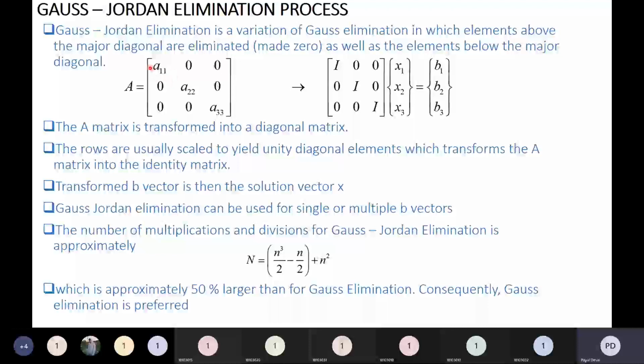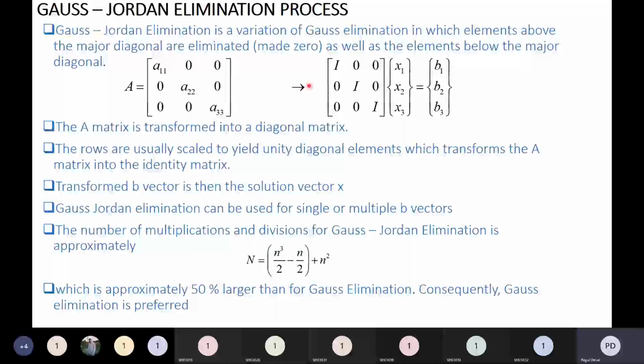For example, these A11, A22 and A33 rows are scaled to yield unity diagonal elements, which transforms the A matrix into the identity matrix. That means after elimination, in the process when we solve the example, you will be able to see that these elements A11, A22, A33 are scaled to unity.